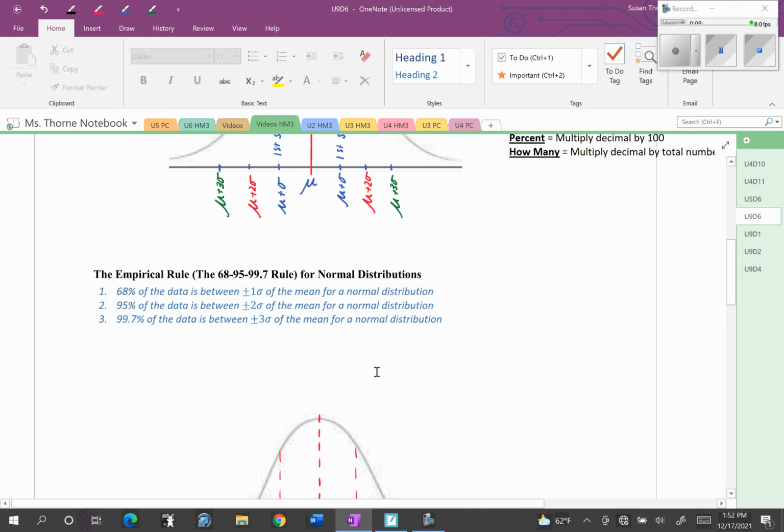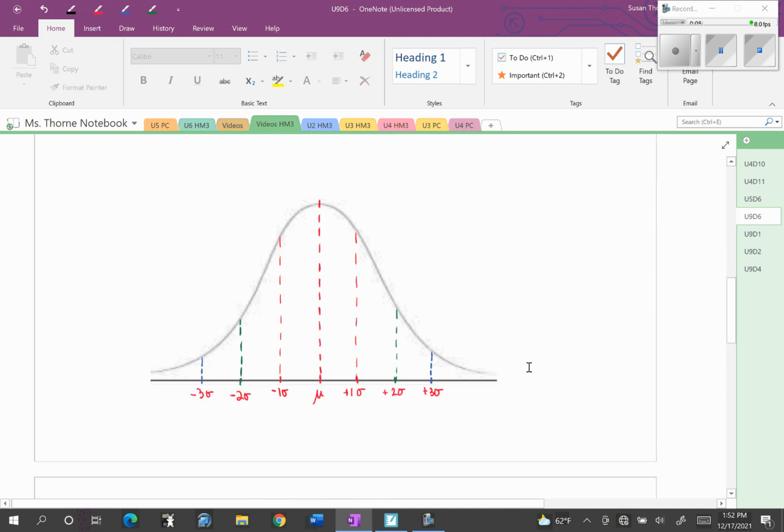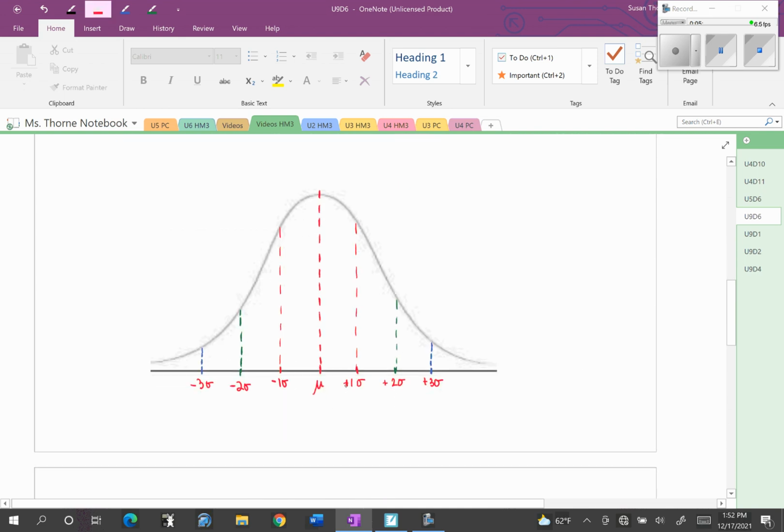And again, that's for a normal distribution. So here we have the mean. This would be plus 1 standard deviation, plus 2, plus 3, and on the left side is minus 1, minus 2, minus 3.